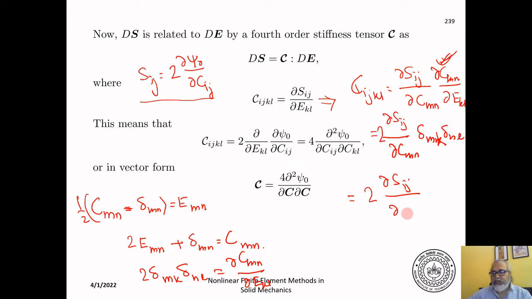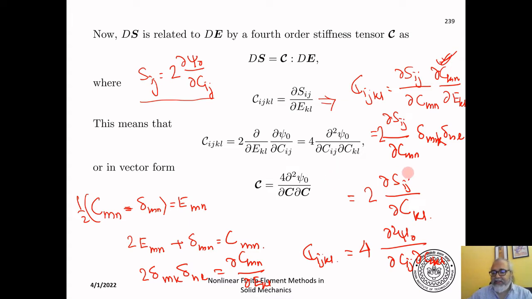Now Sij is twice of this, so you have 4 times del square psi naught del Cij del Ckl. That's equal to your Cijkl, in the case where psi is a function of C and not E.